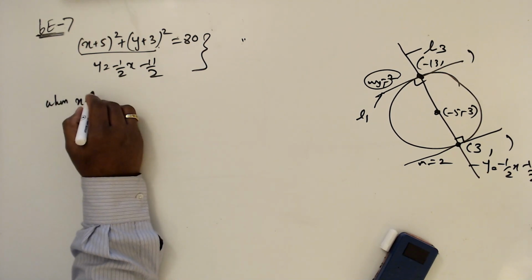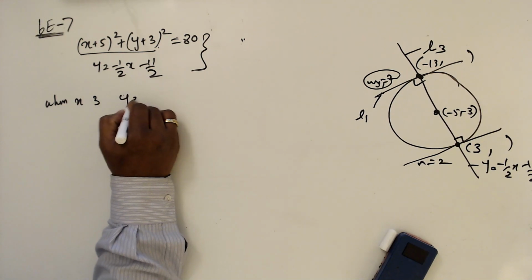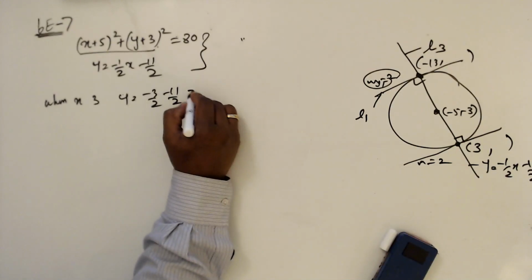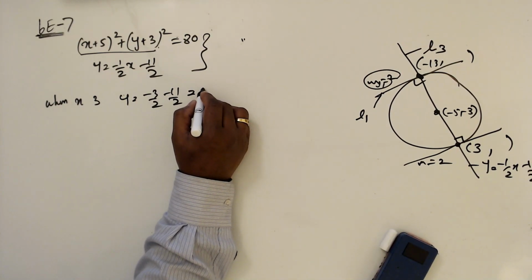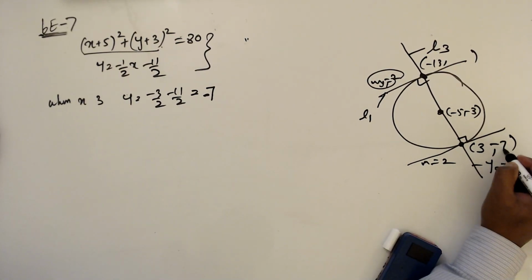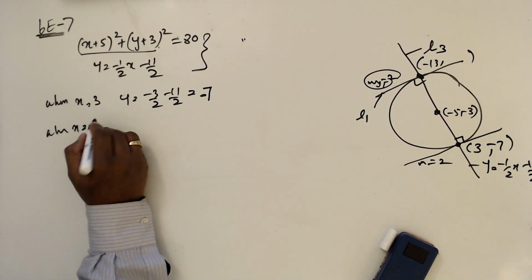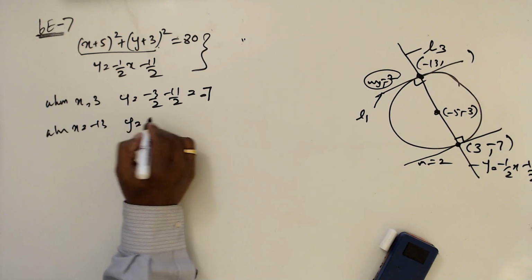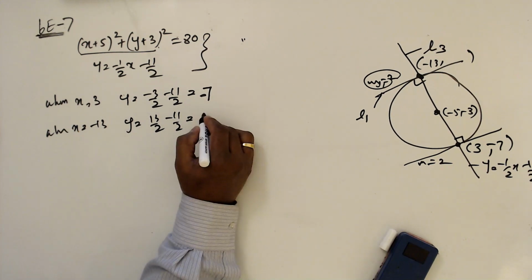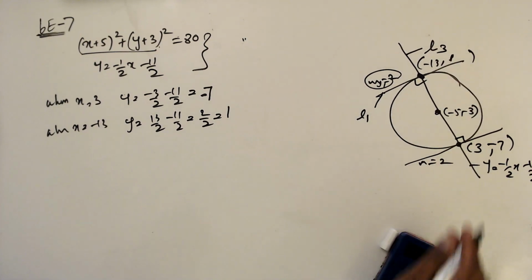When x equal 3, y equal minus 3 over 2 minus 11 over 2, or minus 14 over 2, that is going to be minus 7. So this is 3, minus 7. When x equal minus 13, it is positive 13 over 2 minus 11 over 2, 2 over 2, it is going to be 1. So this is minus 13, 1.